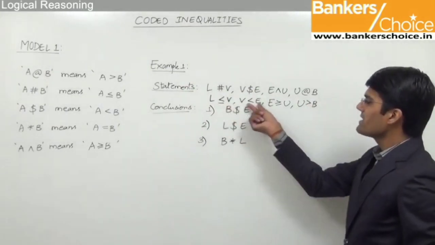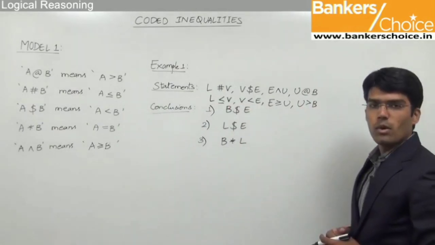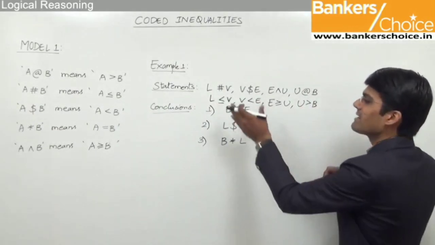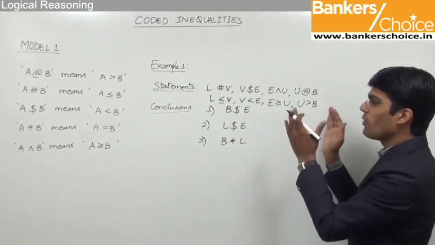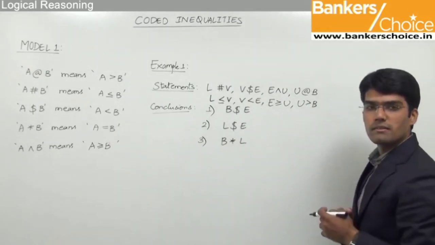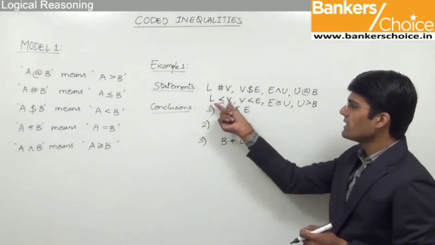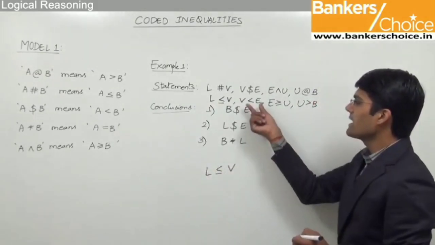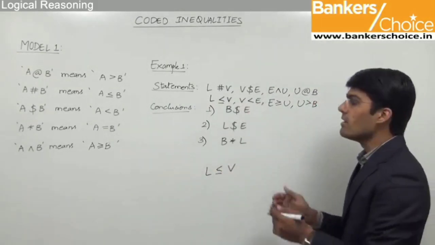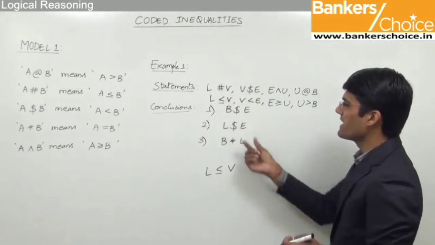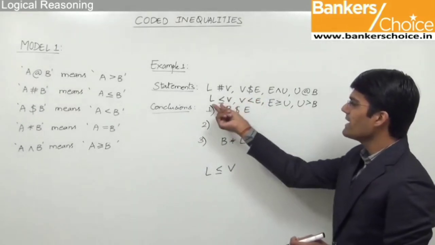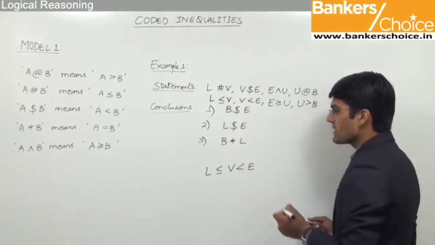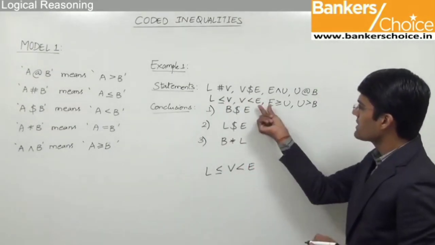Now, once we have replaced each of the symbols with the proper inequality, let us find out the combined statement. That is, let us try to join all these four parts into one inequation. We know that L is less than or equal to V, and the next part here is V less than E. So if we merge these two statements, V gets removed and we get L less than or equal to V, V less than E. Similarly, let us now join these two statements.